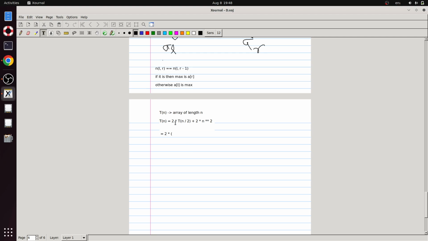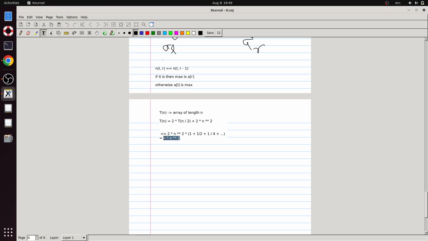You can just keep on expanding this, and it would develop into something like 2 into n squared into 1 plus 1/2 plus 1/4. It won't actually develop into exactly this, but something like this would be less than or equal to 4 into n squared. So the number of coins that we'll be using is less than or equal to 4n squared.